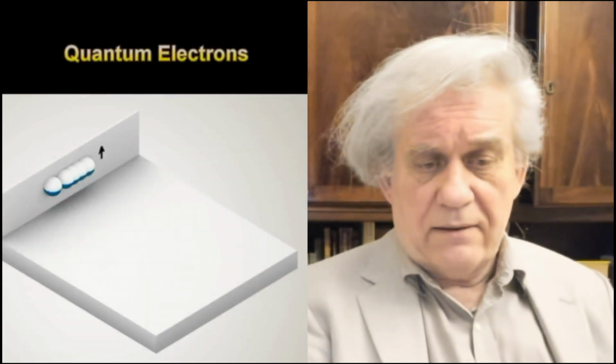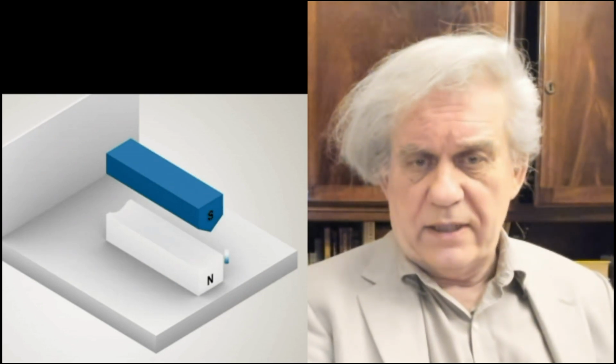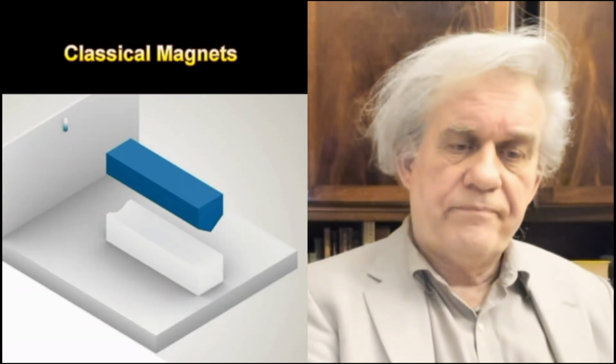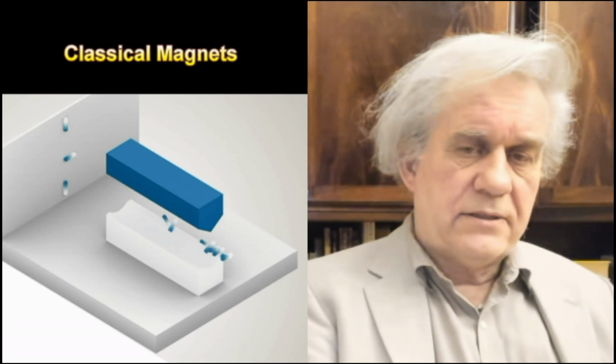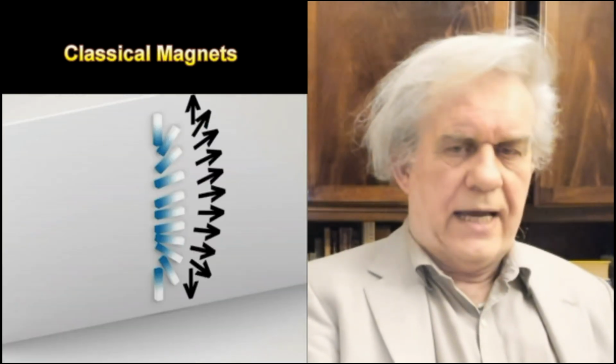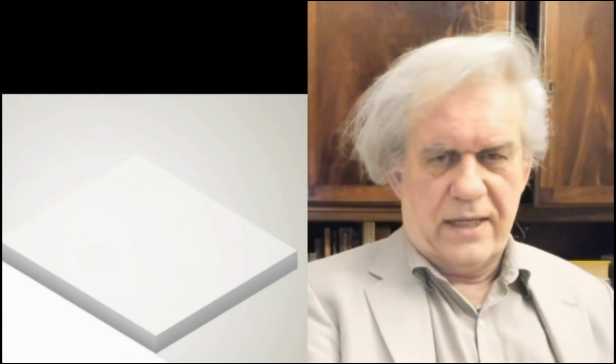Okay, so the first problem I'm going to point out in what Gerlach and Stern did is the irrational notion that quantum mechanics has of what electricity is. These people think, even to this day, that electricity is the flow of electron beads.